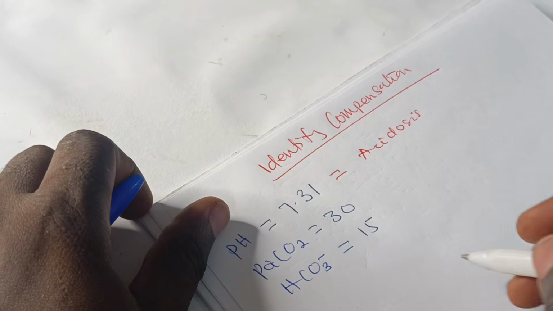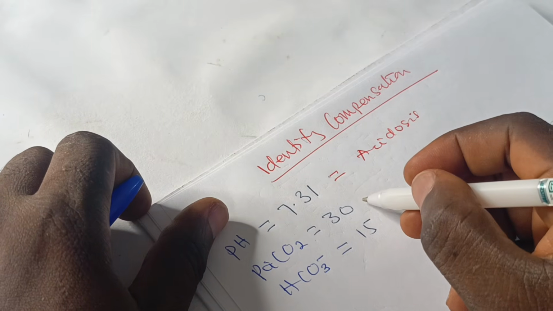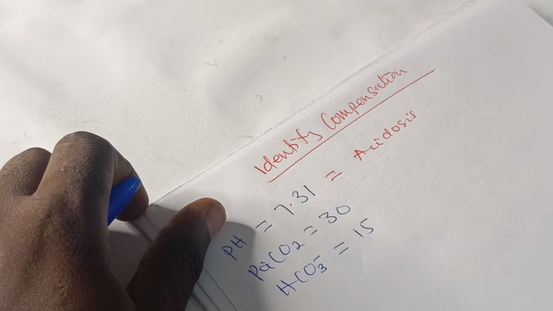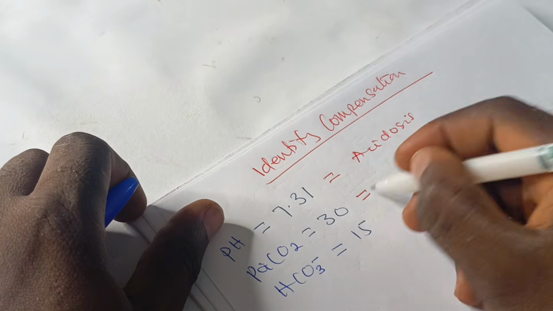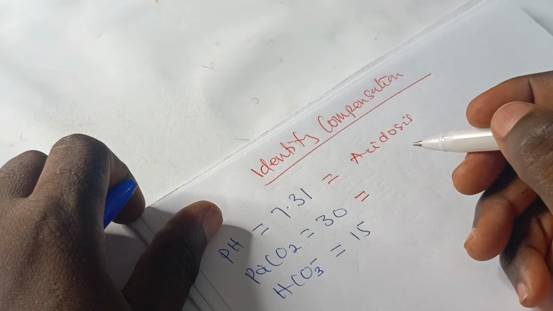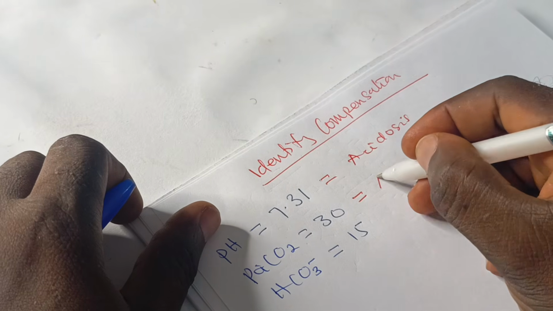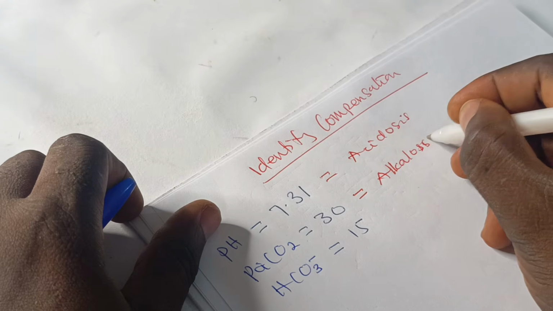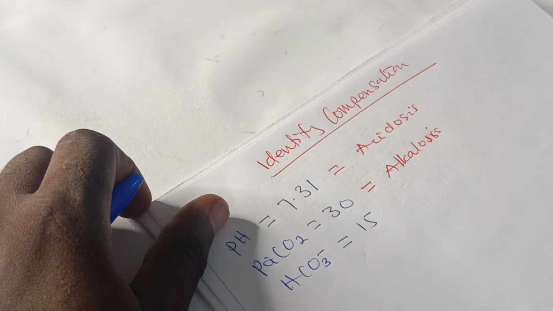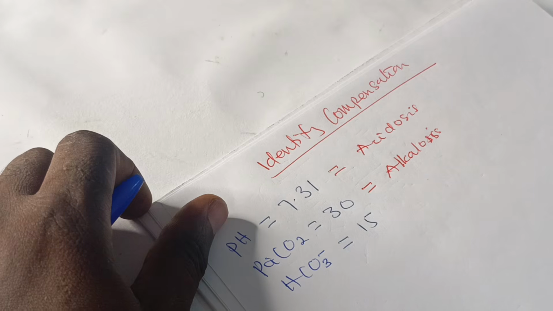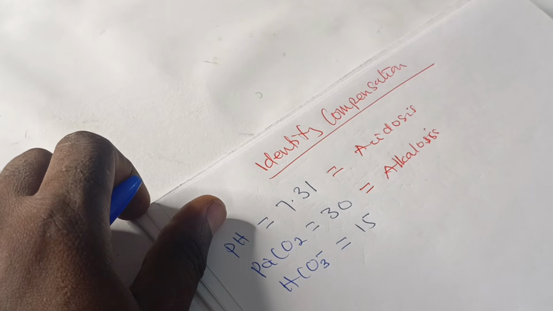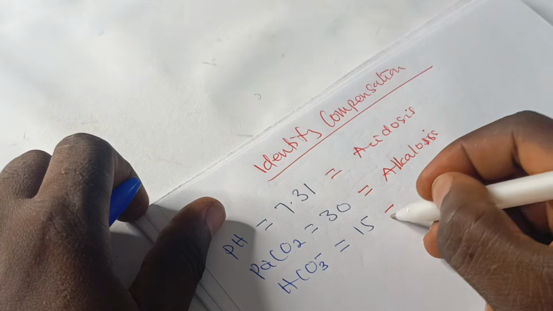Okay. Now let's look at the carbon dioxide. It is low. It's not normal. And this should be alkalosis. So this should be causing alkalosis, right? But look at the pH. The pH is saying acidosis. It's saying a different story. And the carbon dioxide is also saying something else. Then let's come to the bicarbonate.